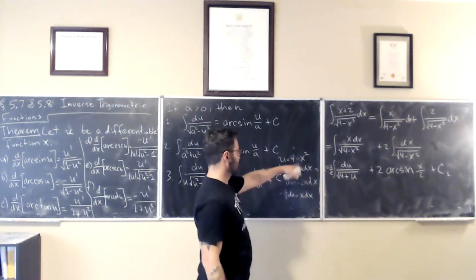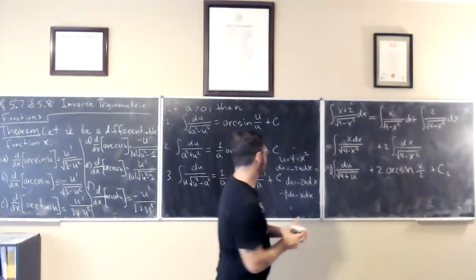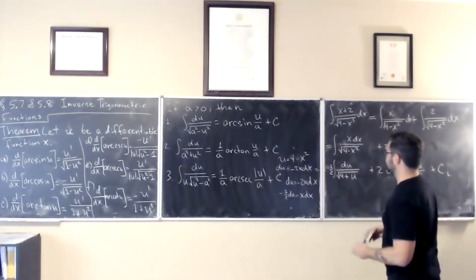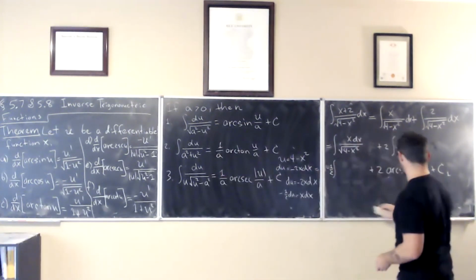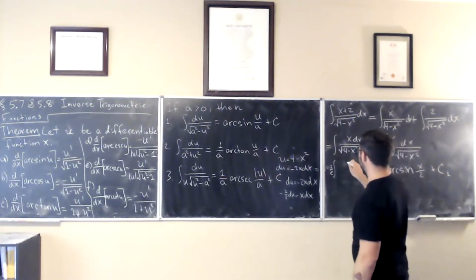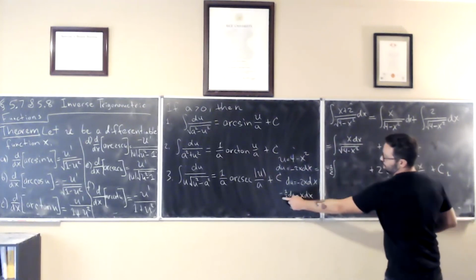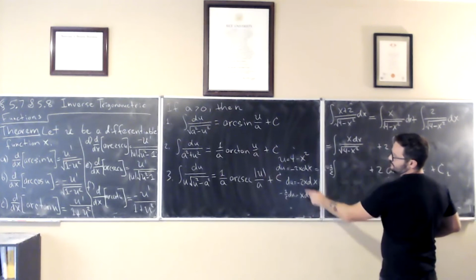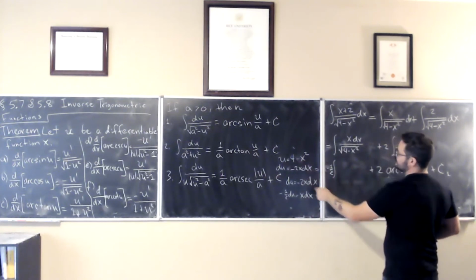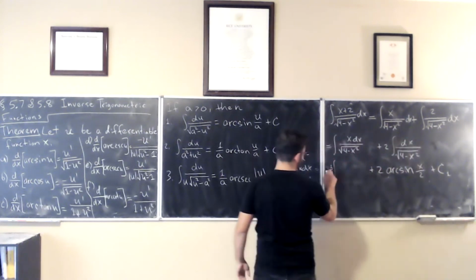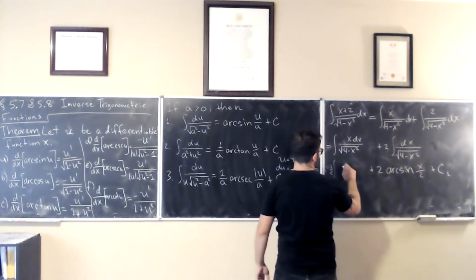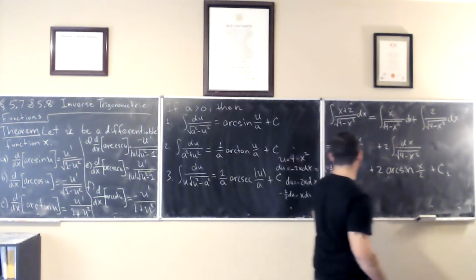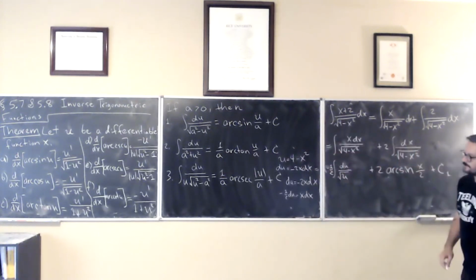You see that, right? Because that's just a constant. So then this becomes really simple: negative 1/2 du is equal to x dx, even when u is that whole thing. If I take the negative 1/2 out, then I have du over root u. And we know how to integrate that for sure.